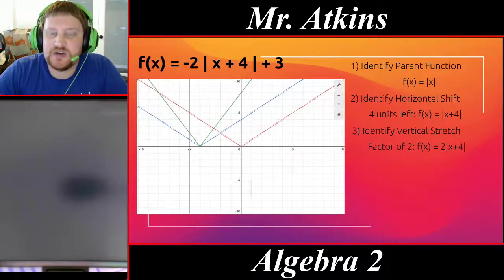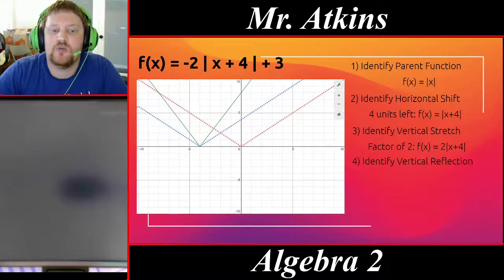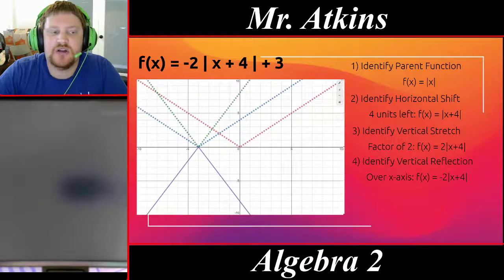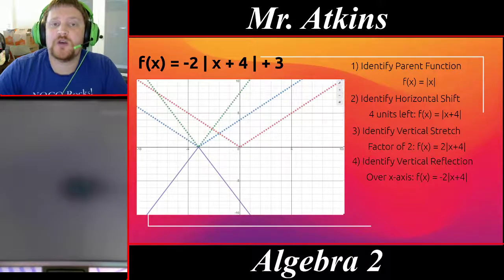So next we need to look and see whether or not we have a vertical reflection. And in this case, you have a negative sign out front, which is a vertical reflection, which means we're going over the x-axis. You see the new equation there, and that's what the graph looks like. Finally, we are adding 3 on the outside, which is a vertical shift, but which way are we going, guys?